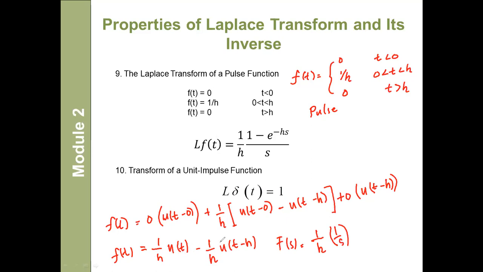For this one, you have a minus, and this is also a constant, so you have 1 over h. And this one, from advanced math, the Laplace transform of a u of t minus a constant is automatically, class, e raised to negative that constant times s. Now, this is the exact thing that you are seeing here.